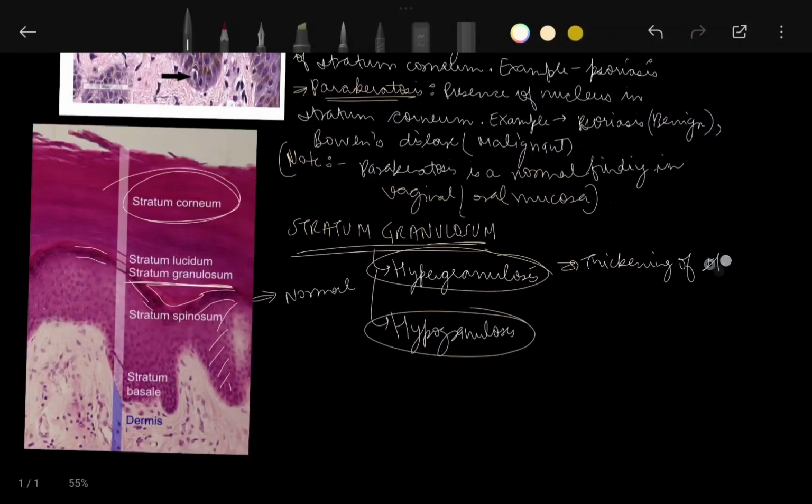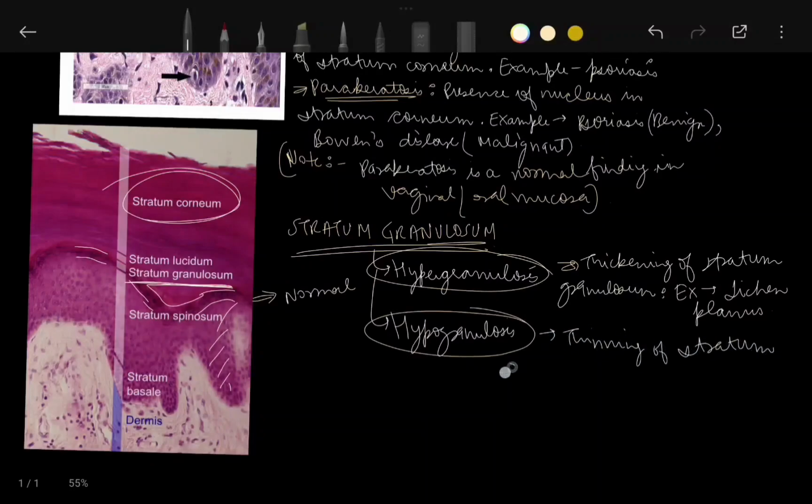In hypergranulosis there is thickening of the stratum granulosum, example in case of lichen planus. And in hypogranulosis there is thinning of stratum granulosum.